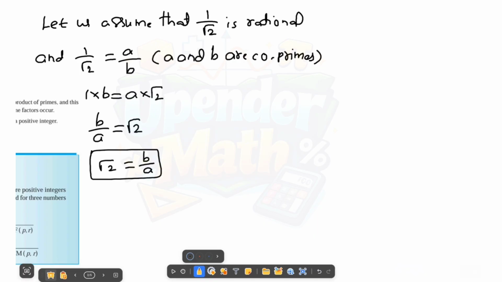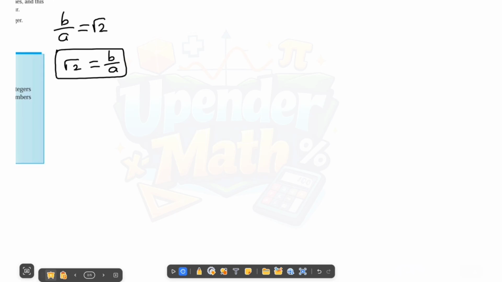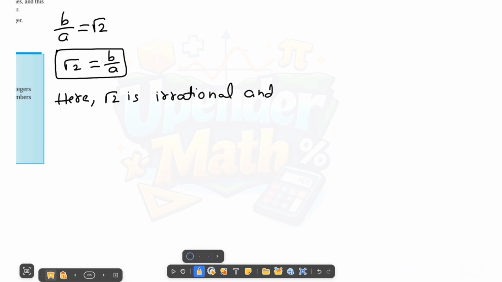That means root 2 is a rational number? We have already proved it is irrational. B by a is a rational number. So an irrational number should not be equal to a rational number, right? This contradiction has arisen because of our wrong assumption. So here root 2 is an irrational number and b by a is a rational number.